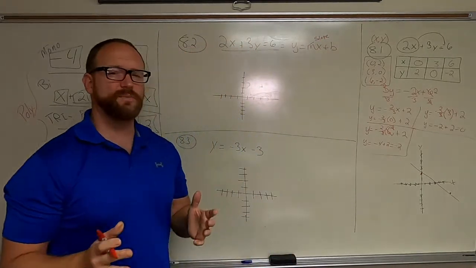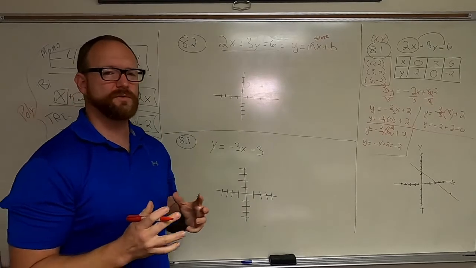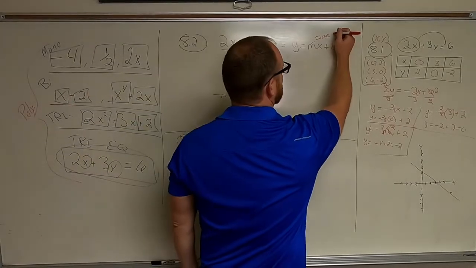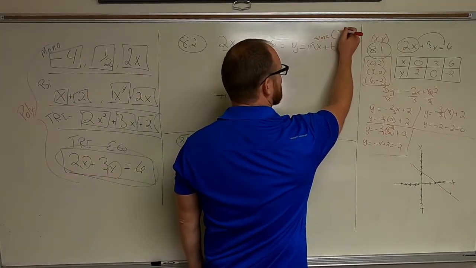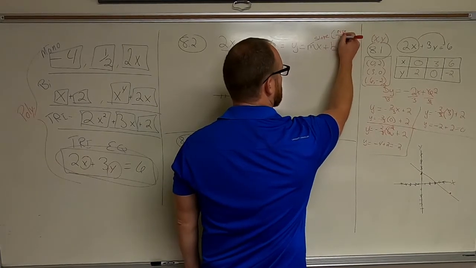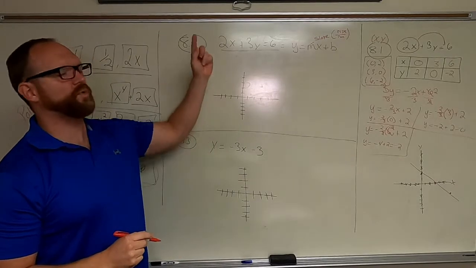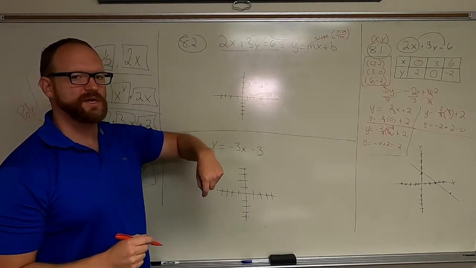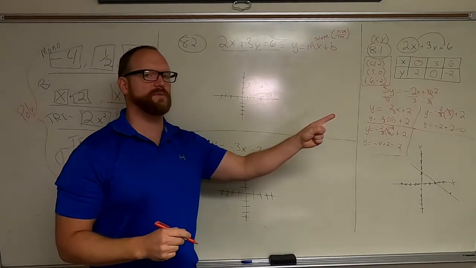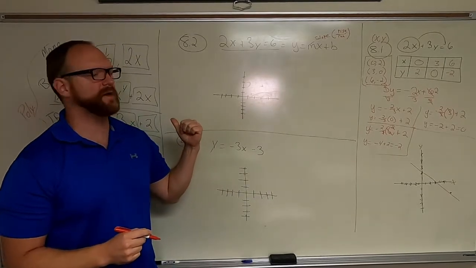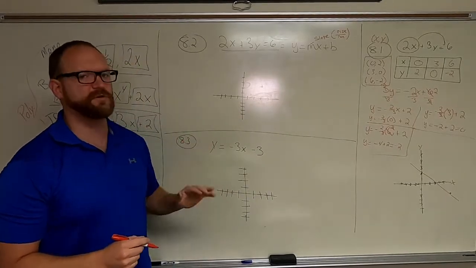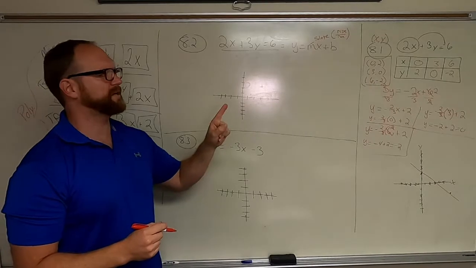Now remember what the slope really boils down to? If you don't, what it boils down to is the rise over the run. Or in other words, how far up or down it goes compared to how far to the right it moves. Now it never moves to the left. Slopes can go down, slopes can go up, but they can never move to the left.